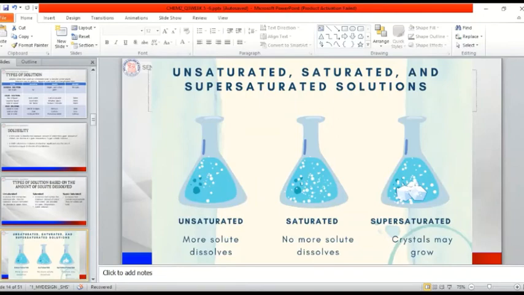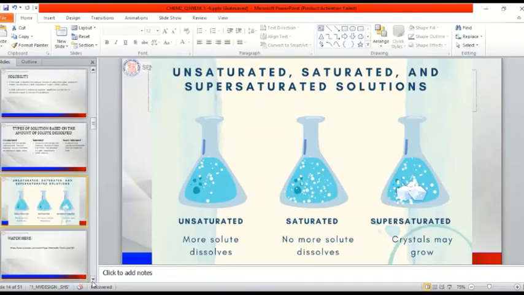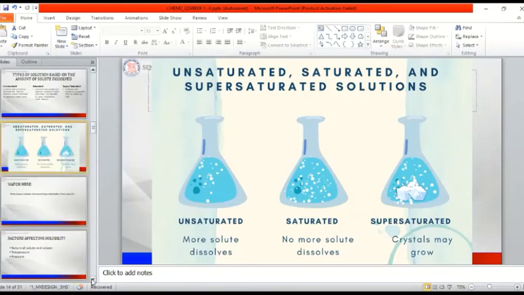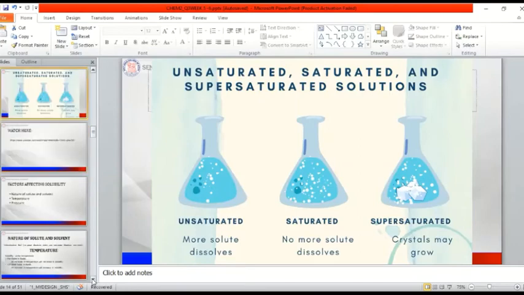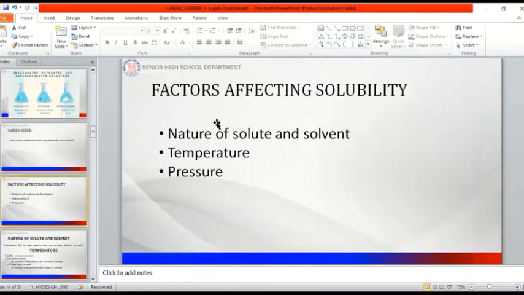So that ends our discussion for the nature of solution, and we continue with our discussion of the factors which affect solubility. So what are these? We have the nature of solute and solvent, and also temperature and pressure.